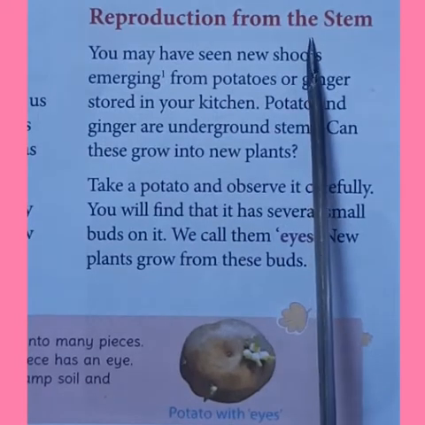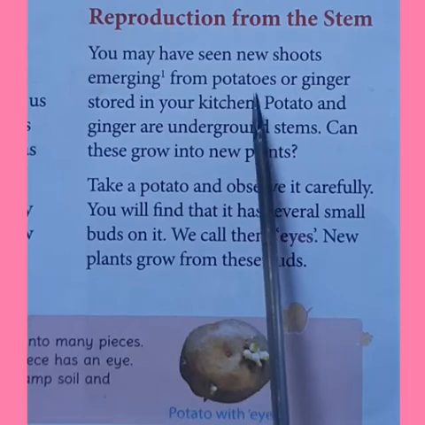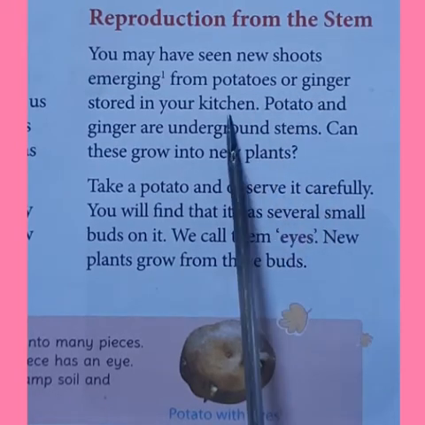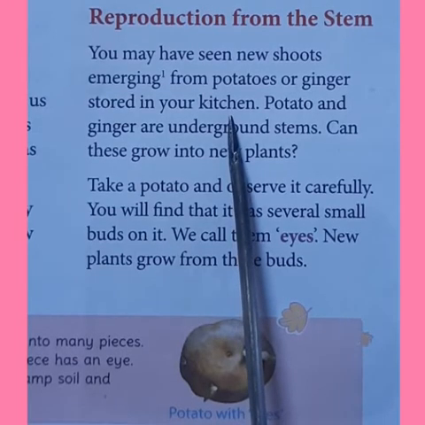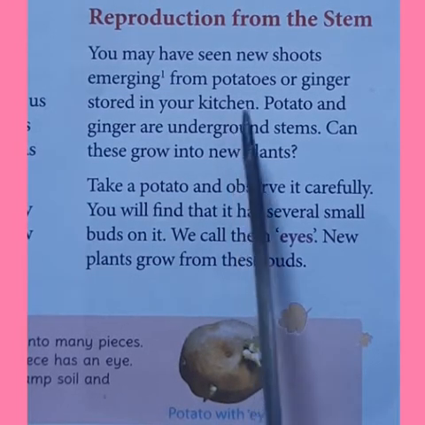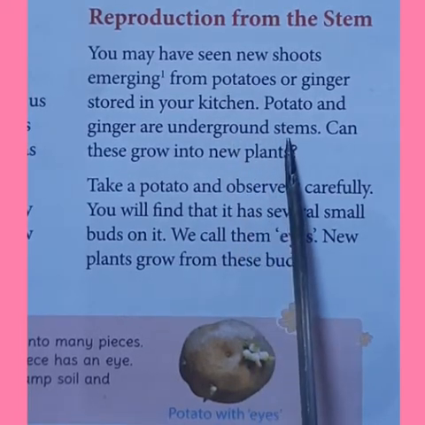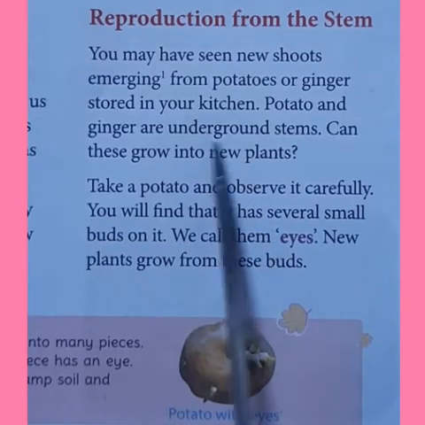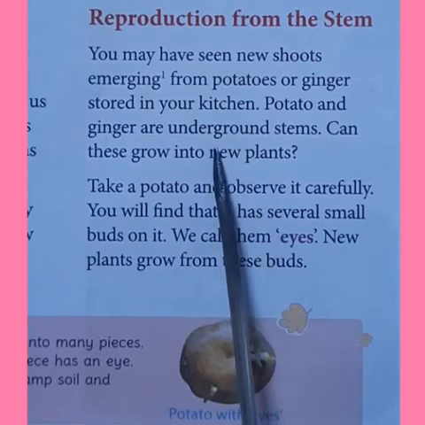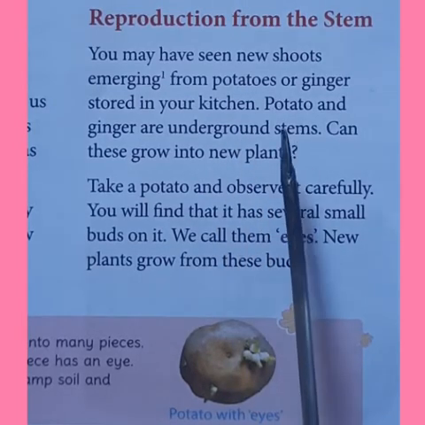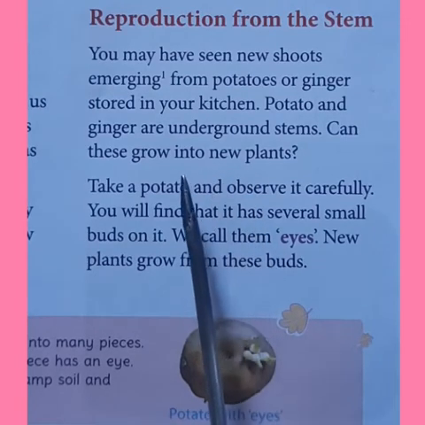Reproduction from the stem. You may have seen new shoots coming out from potatoes or ginger stored in your kitchen. All of you love potato, isn't it, children? You like to eat potatoes very much. So potatoes and ginger are considered to be stems of the plant. They are underground stems, growing under the soil. Can we grow new plants from potato or ginger?